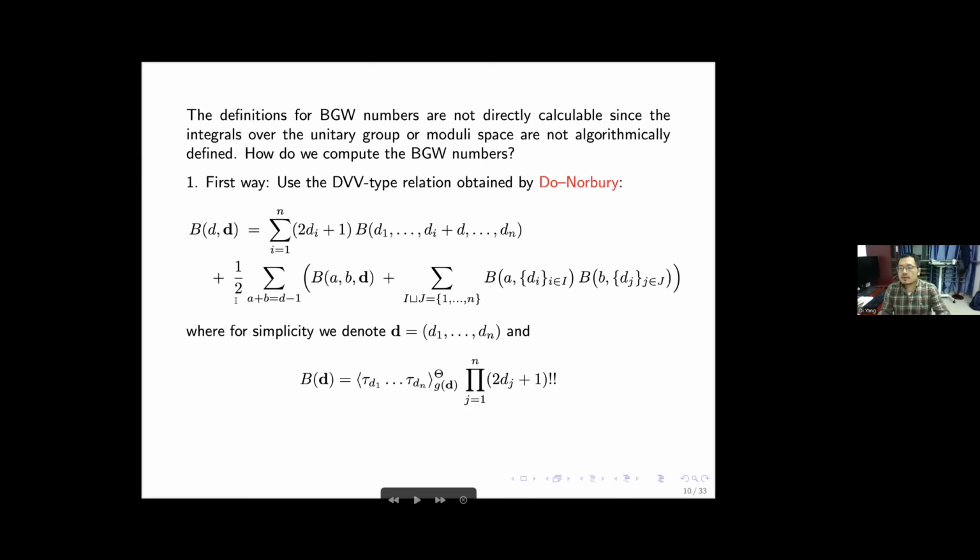A little remark is that it's somehow more than a recursion, because there could be several different ways to get the same number, so one needs to show they are compatible. Norbury showed that the original definition of these numbers satisfies this recursion. Another remark is that this DVV type relation for the BGW numbers is also equivalent to topological recursion.